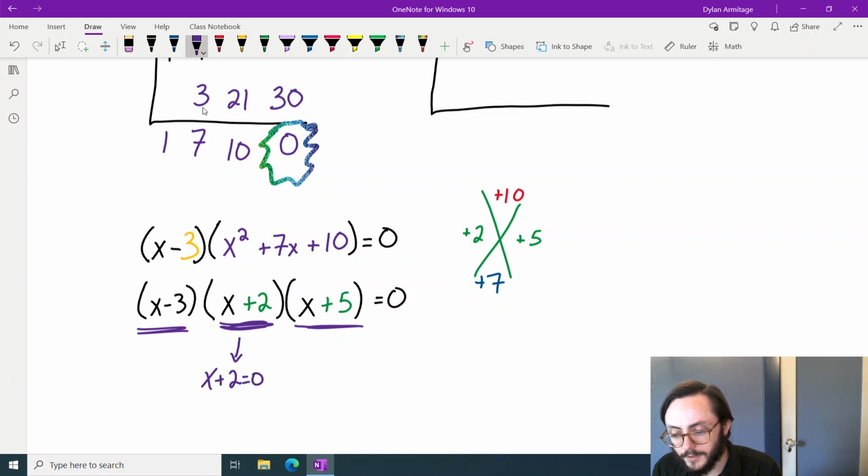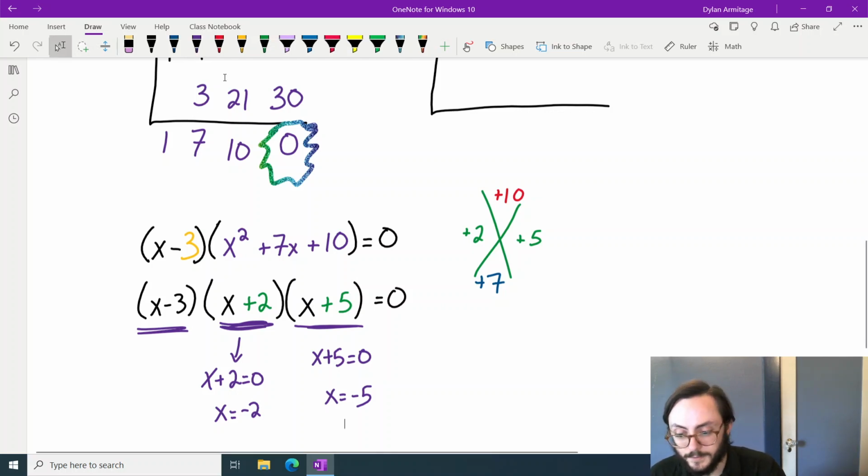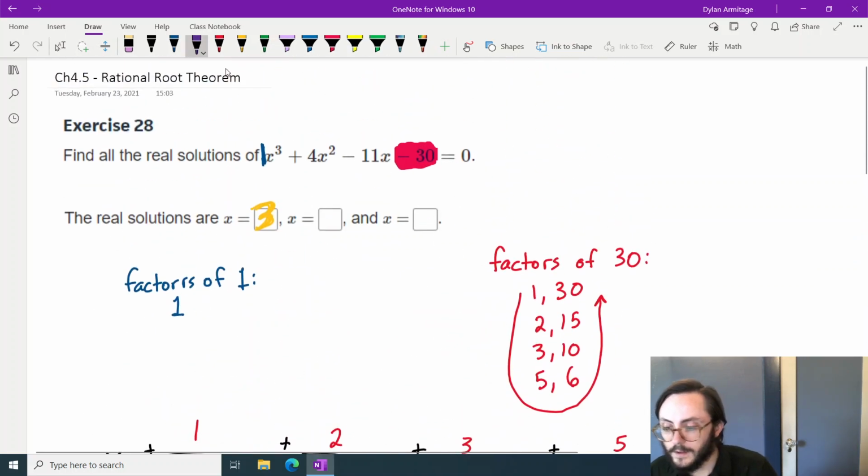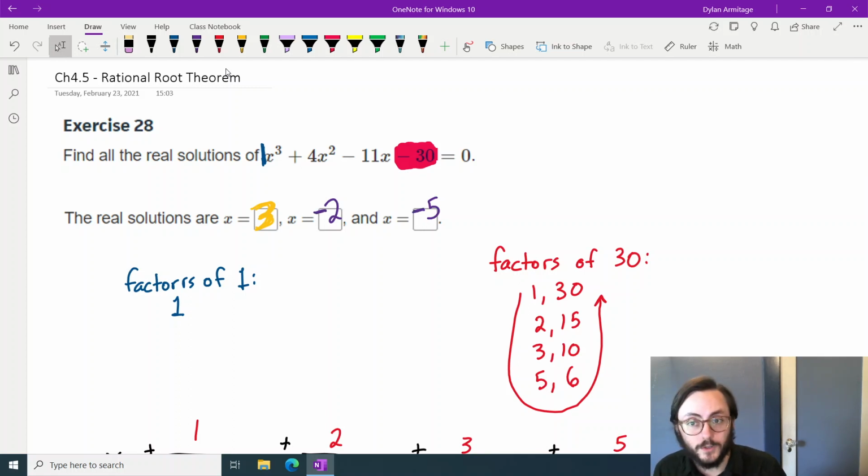X plus 2 equals 0. X plus 5 equals 0. So that's x equals negative 2, and x equals negative 5. So we can take those 2 values there, negative 2, negative 5. And those are our 3 real solutions.